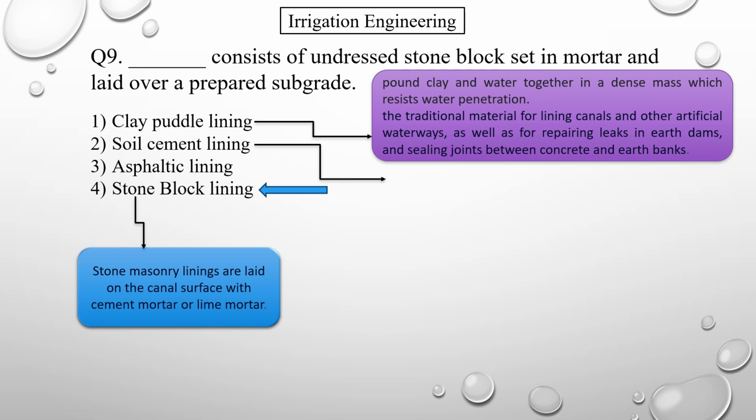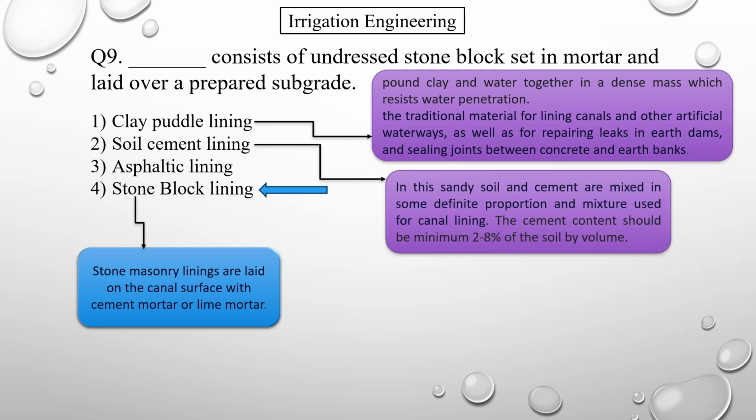Then soil cement lining. Soil cement lining consists of a very small amount of cement, which is 2 to 8% by volume of soil. In soil cement lining, only two ingredients are there, soil and cement.